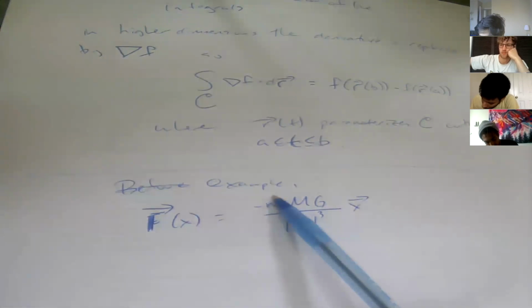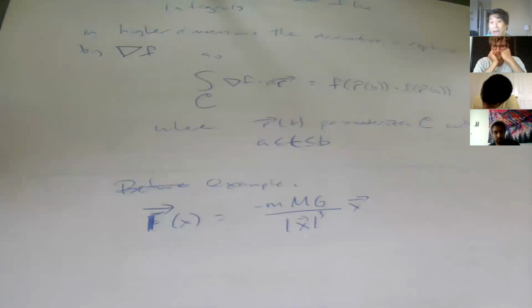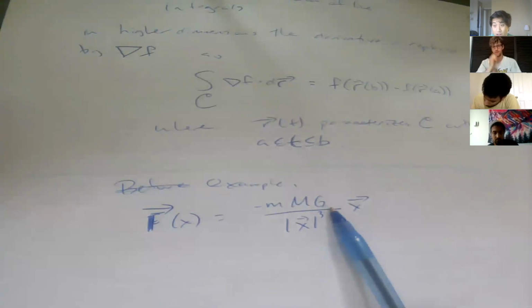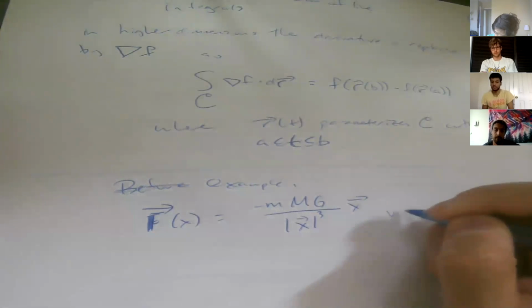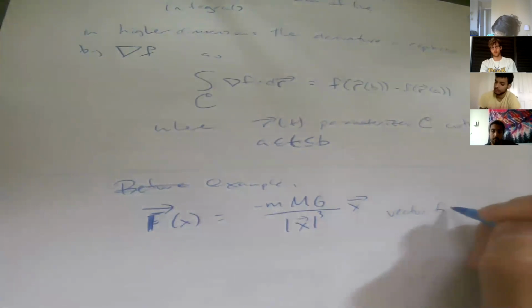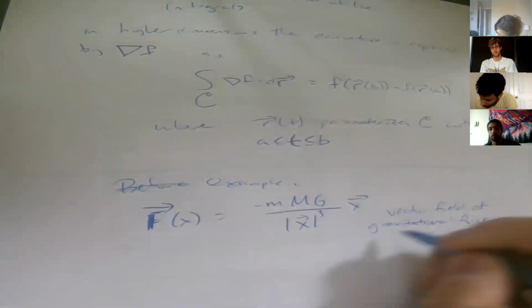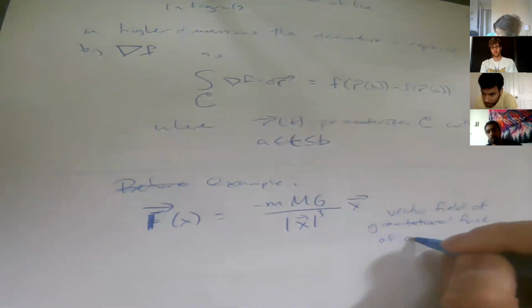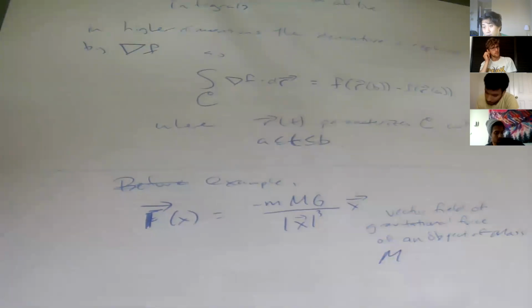So if I'm a particle of mass lowercase m, and the Earth has mass capital M, and this is the gravitational constant, this is the force, the vector field of gravitational force of an object of mass capital M. Pretty commonly used as Earth, for example.